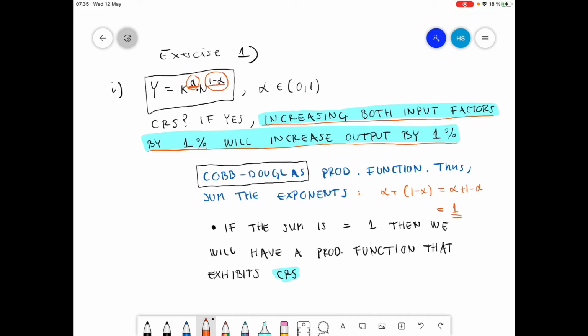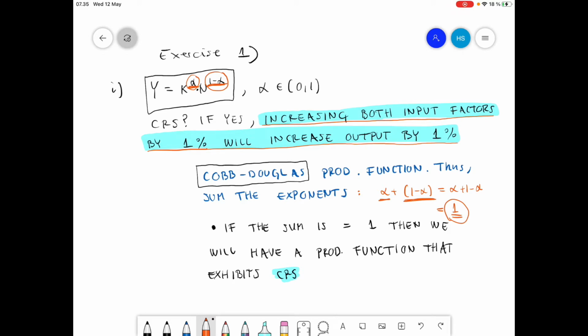K is raised to the power of alpha, N is raised to the power of 1 minus alpha. So we take the sum of the exponents, alpha plus 1 minus alpha, and we get 1. If the sum is equal to 1, then we have a production function that exhibits constant returns to scale.